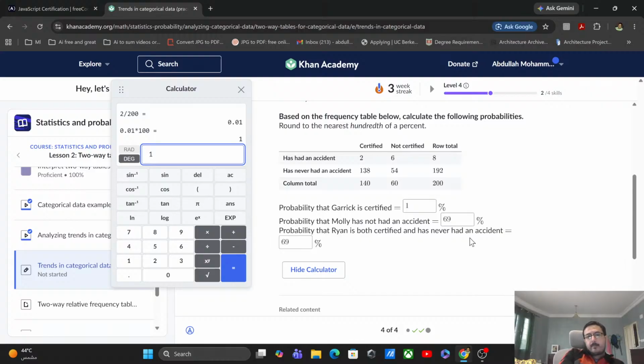Right. Out of the people who have had an accident, only 2 certified. But we know that he has an accident.